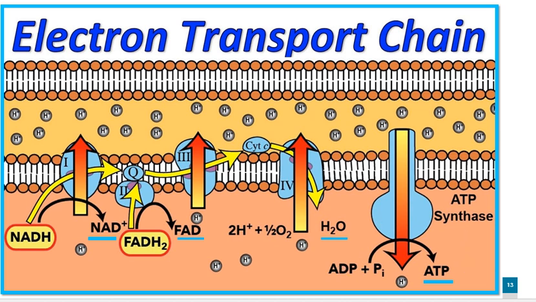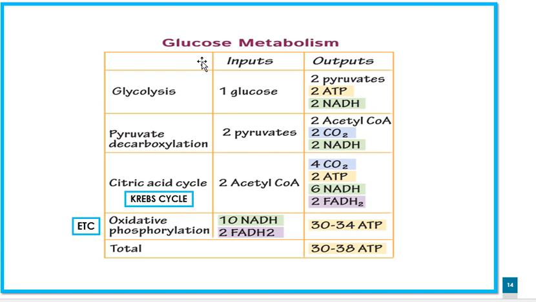To summarize, we have here the inputs and outputs. Glycolysis is the very first process of cellular respiration, wherein we need 1 glucose. One glucose produces two pyruvates, two ATP, and two NADH.